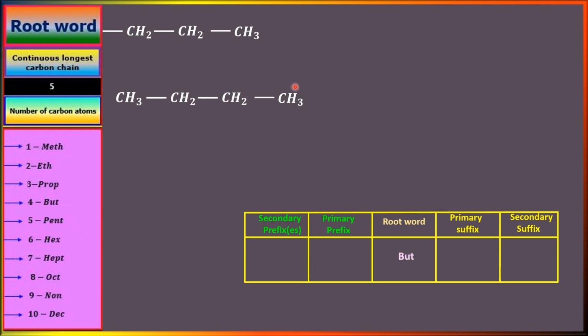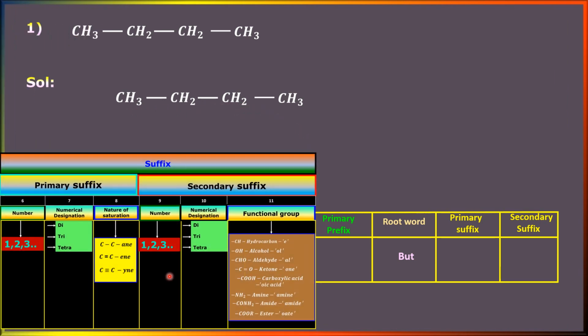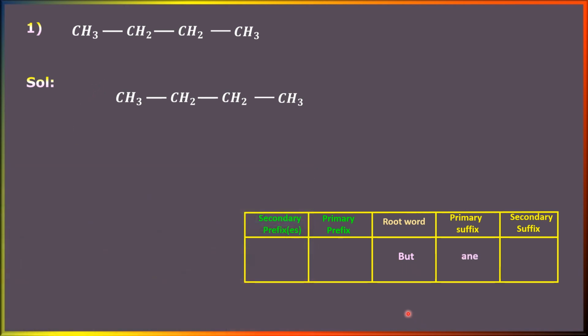And in this compound only carbon carbon single bonds are there, so the primary suffix is "-ane". Nature of saturation here: carbon carbon single bonds are there in the chain, so it is "-ane". So the IUPAC name of this compound is but plus "-ane", butane.